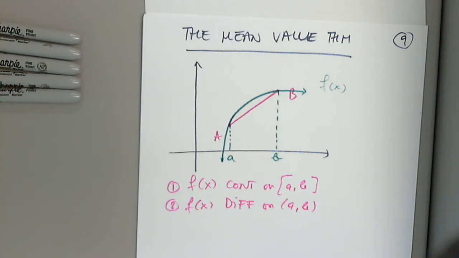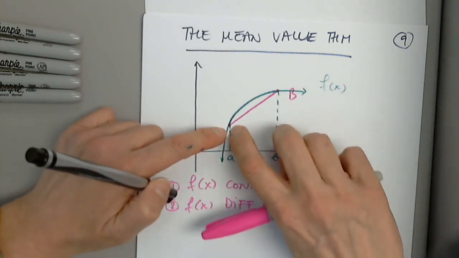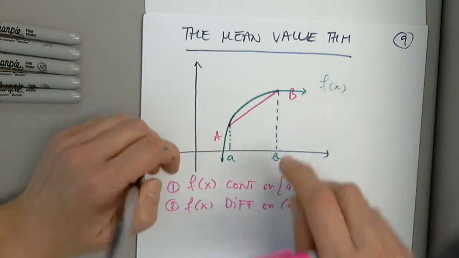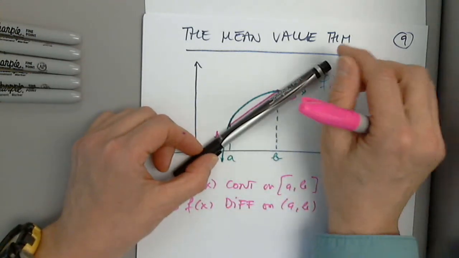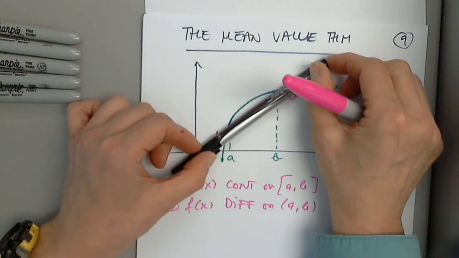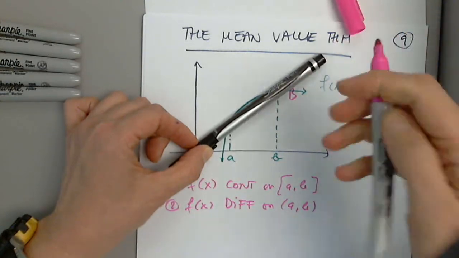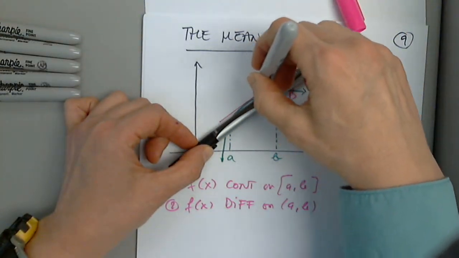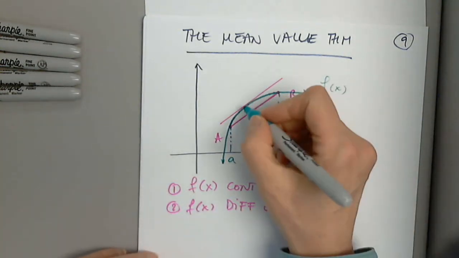And now watch what I'm doing with this function. So this is a line segment. It's a secant line, right, crossing the function in 2 points, in point A and point B. So here's what I would like to do next. I draw parallel lines to a comma b till this point where I draw the tangent line to the graph of f of x, and it happens to be this point.